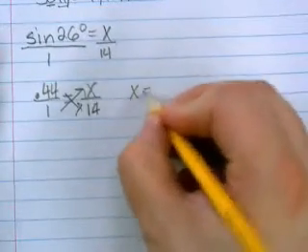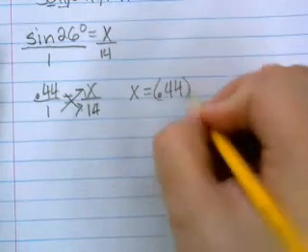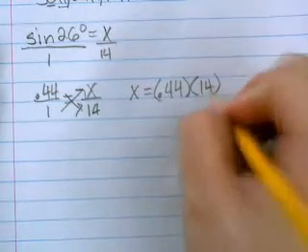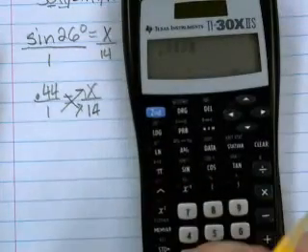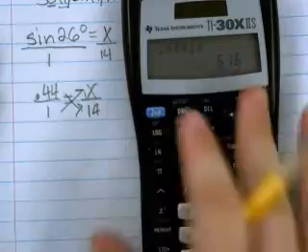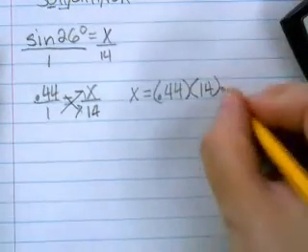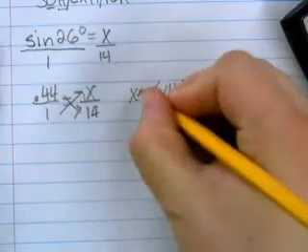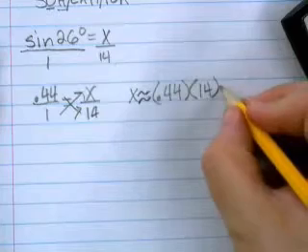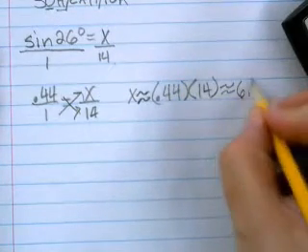Hey, slow down, Speedy. Let me do it. 0.44 times 14. When I plug that in the calculator, 0.44 times 14 equals 6.16. Okay? Now, I did round off from the calculator, so we should technically use the squiggly equals. 6.16.